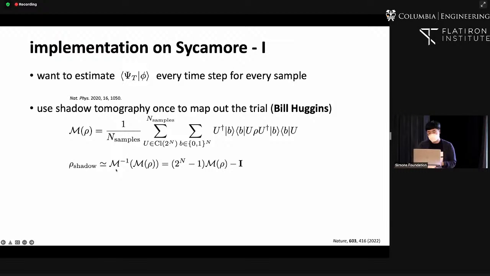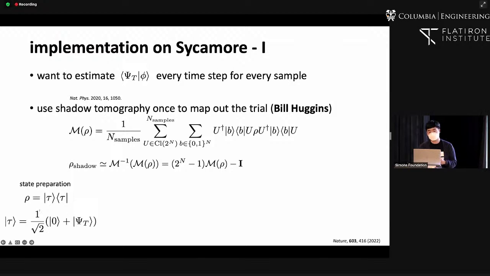If you apply M inverse to M of rho, you get something just in terms of M of rho, and thereby we can obtain an approximate representation for the state rho we wanted to actually know. The state can only be prepared efficiently on the quantum computer, but we have some classical representation of M of rho, which I will call classical shadows. So just to repeat what I said, this is really what happens in my quantum circuit that ran on the Sycamore quantum processor.